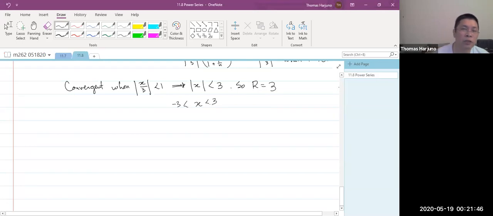It will be convergent here. Now we need to check the convergence at the endpoints, at x equals -3 and at x equals 3.